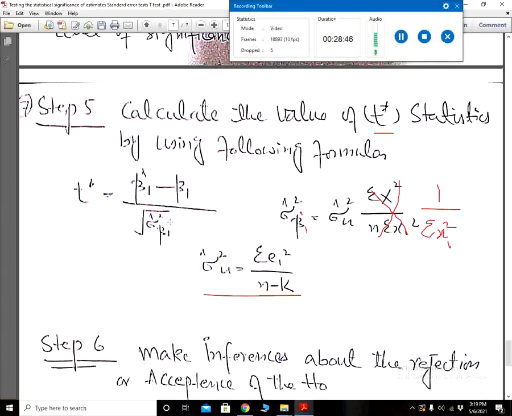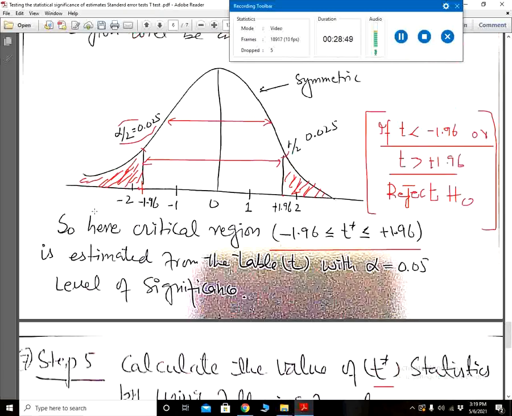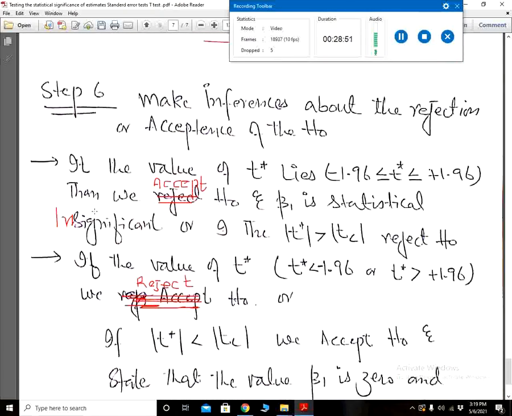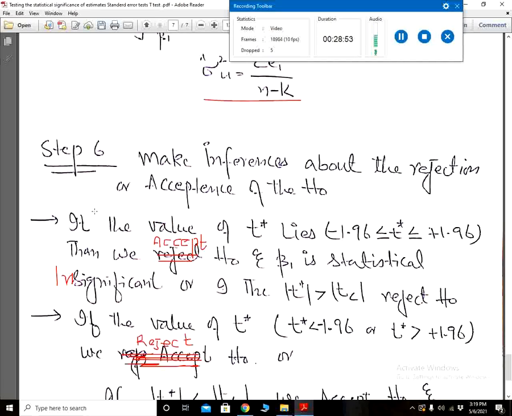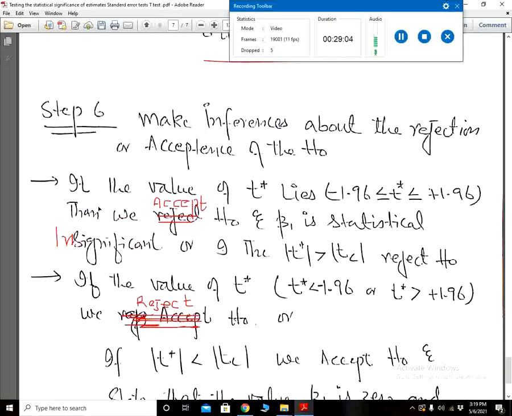Now we have calculated the t star and we have the critical region. We have to make inferences about the rejection or acceptance of the null hypothesis.